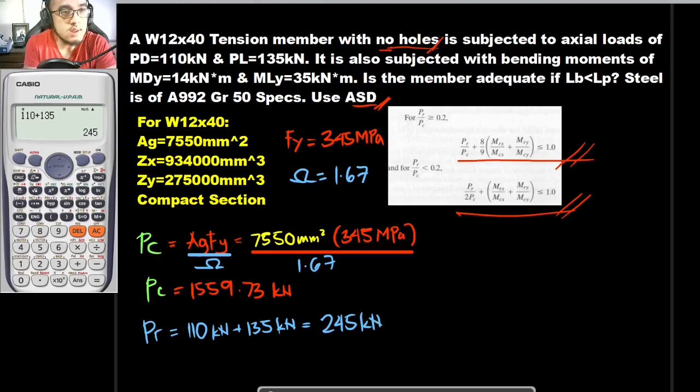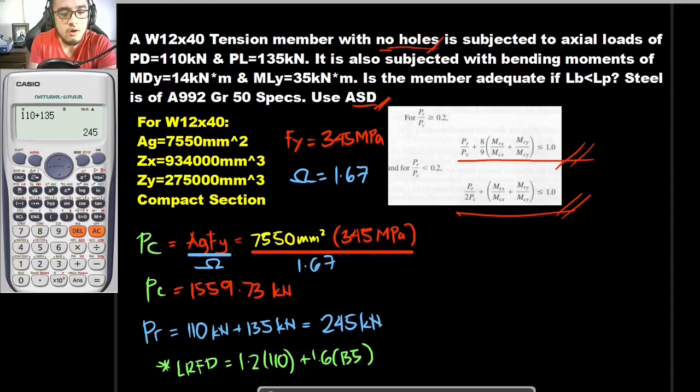Okay, guys, take note that if we are to use LRFD, this should be the factored loads, which is 1.2 times 110 plus 1.6 times 135, or 1.4 times 110. So whichever is higher, you would be using that for your LRFD, but we don't need LRFD here yet.